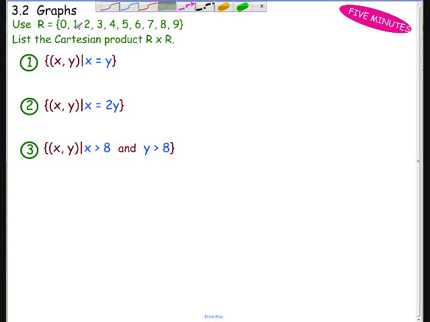Here we have a set of numbers. Basically, they're our 10 digits that we use. List the Cartesian product R cross R. You know, I'm not going to do that. That's 100 pairs. It would be fun to do, but I suspect you've got more that you'd like to do with your time than list those.